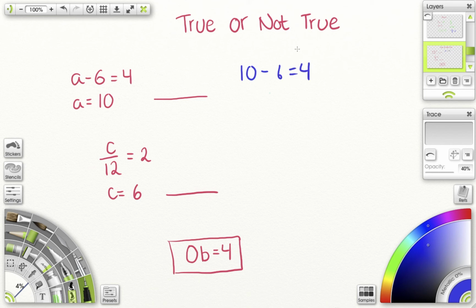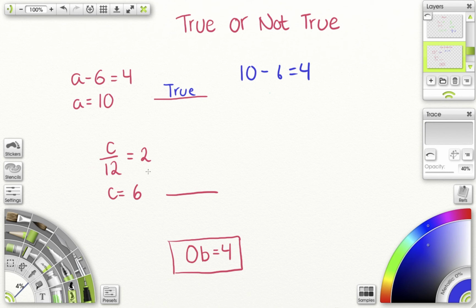Is this statement true? As in, if I did 10 minus 6, does it equal 4? In actuality, it does. So in this case, this problem is true. Because when I plug that 10 in where a is, minus 6, it does in fact equal 4.